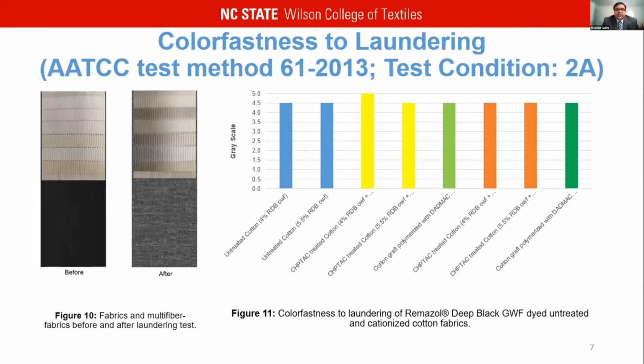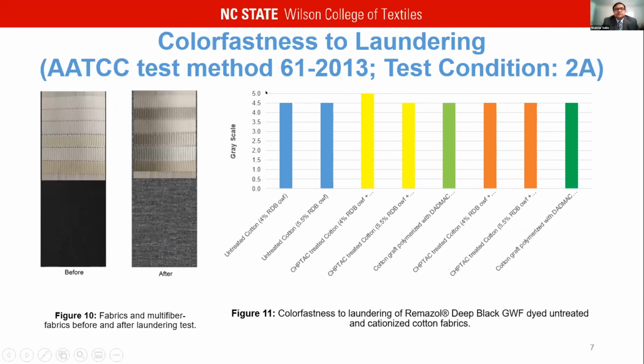Color fastness to laundering. Color fastness to laundering is a measure of color transfer from the black fabric to a multi-fiber strip. After laundering, the result is a fabric with lower color yield.